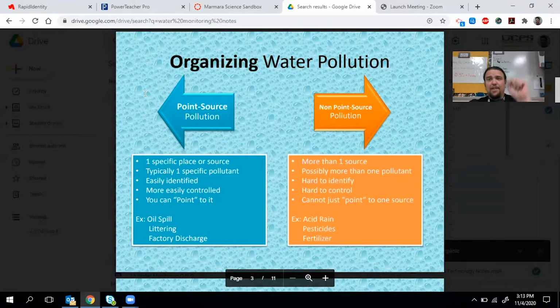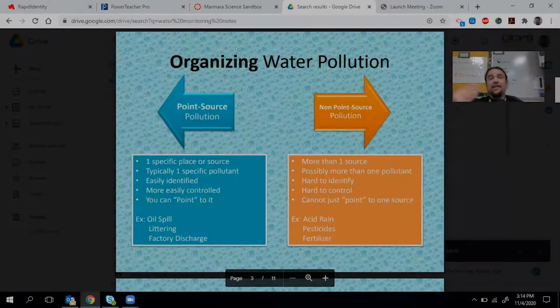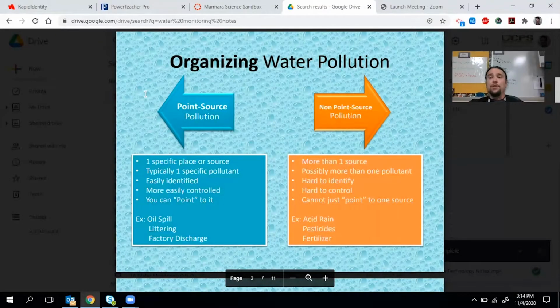from. So some examples of point source pollution would be like Mr. Jones's farm is leaking pesticides into the creek, which is causing the water to be poisonous. So you can point to where that leak is, and you can say that is a source of pollution. The other type of pollution is called non-point source pollution.